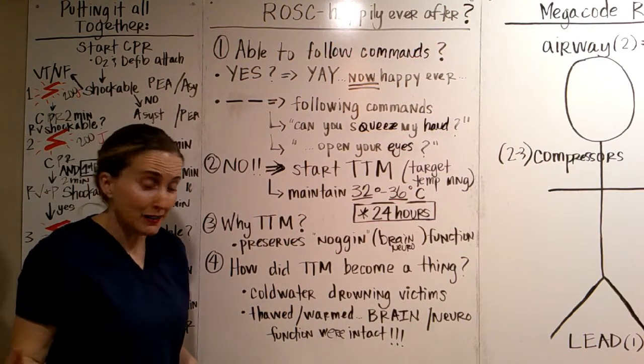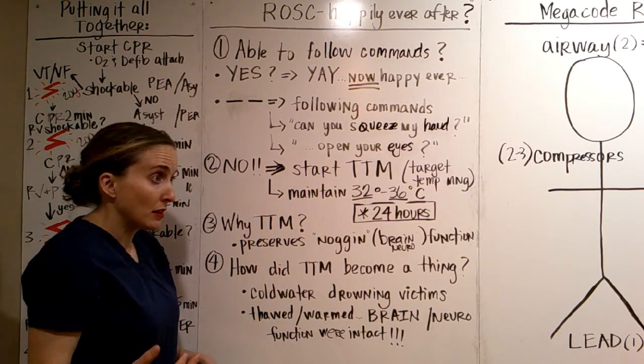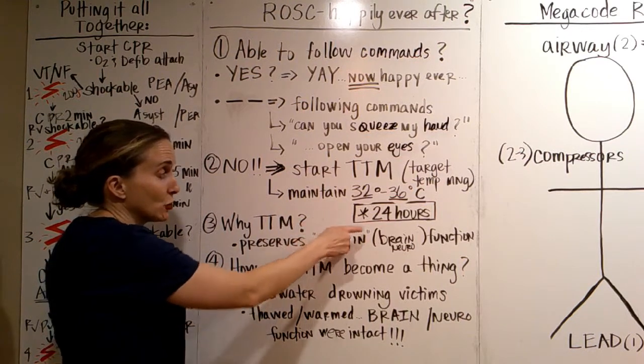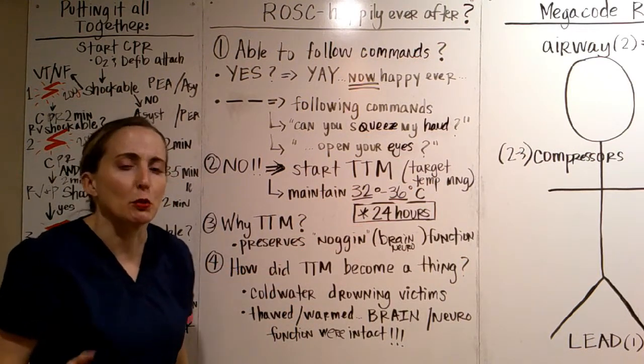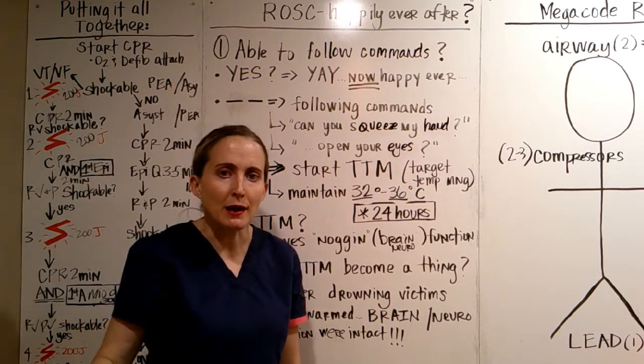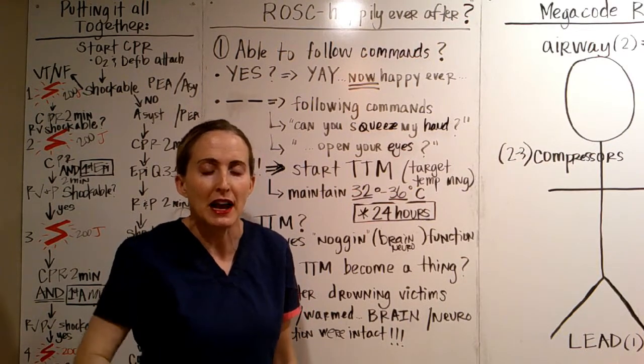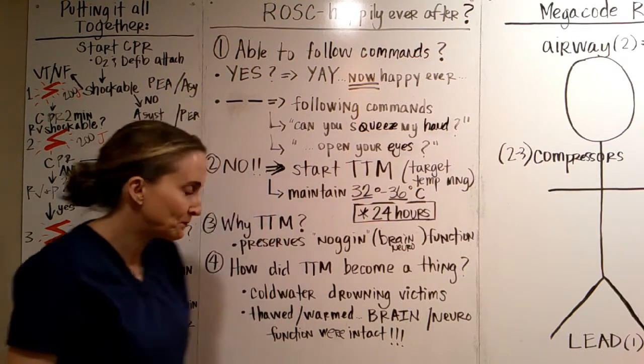That's huge, right? So if we can keep them at 32 to 36 degrees Celsius for 24 hours, we can give their brain the best chance of coming back online and restoring them to the person that they are, having that full brain functioning.